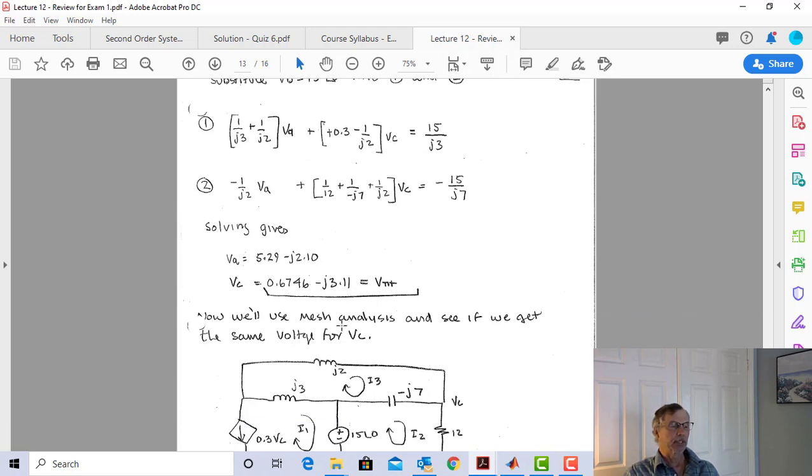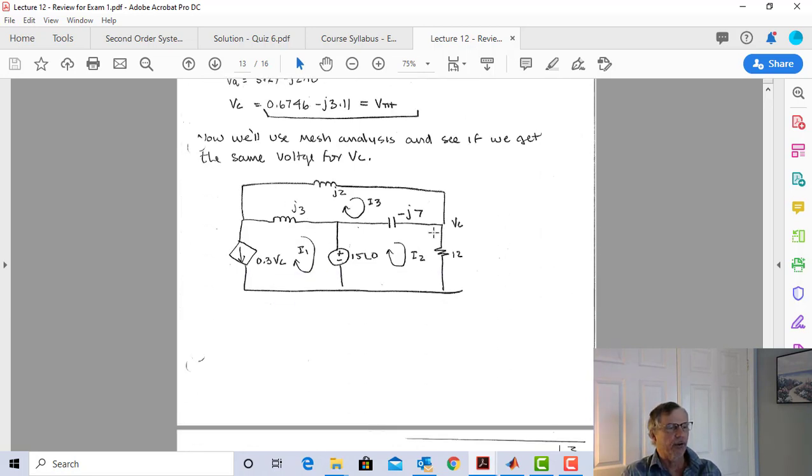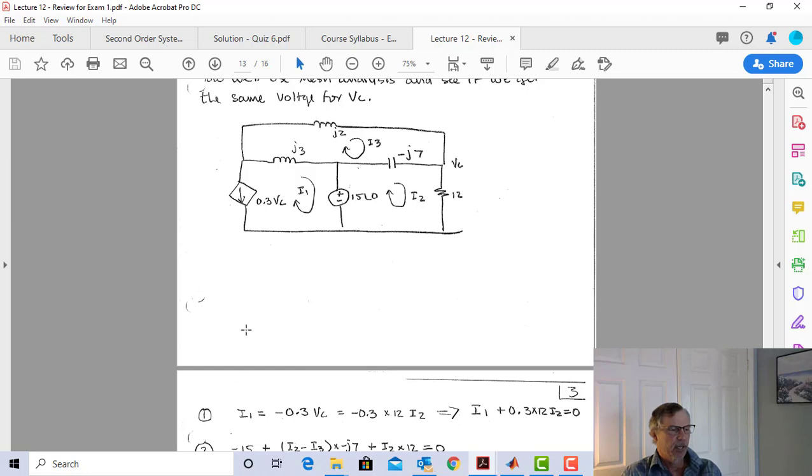So some people like to use mesh analysis. So let's see if we can get VC using mesh analysis. So we draw out our 3 mesh currents, and we say I1 is just going to be equal to minus 0.3 times VC, because you can see I1 is the only thing we have here. And we have a negative sign because it's opposing the way this was drawn.